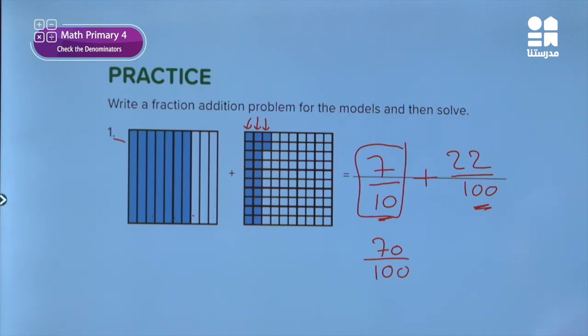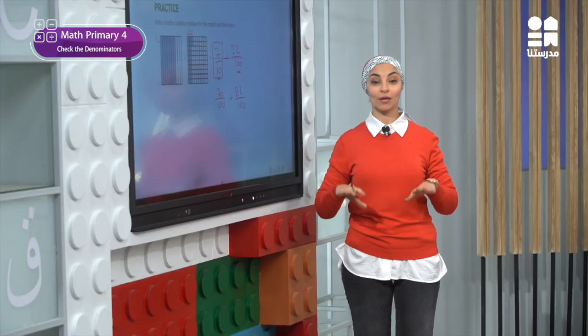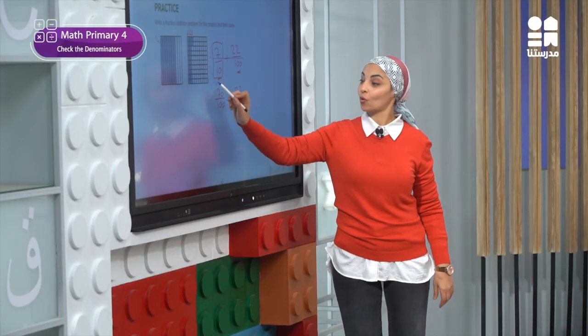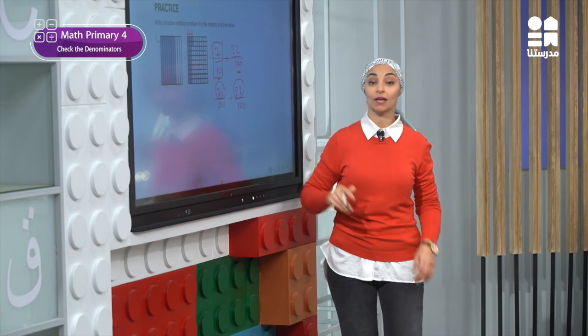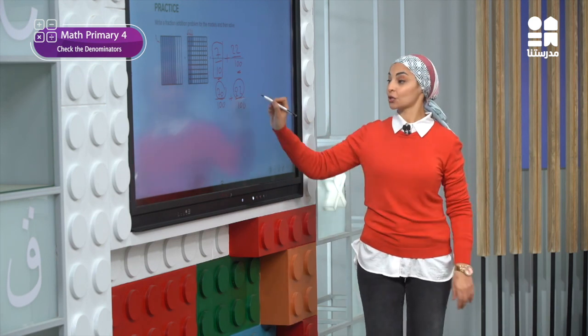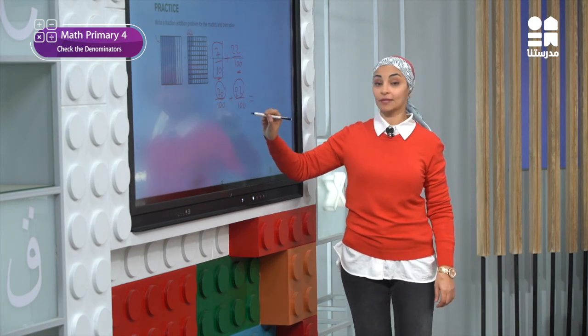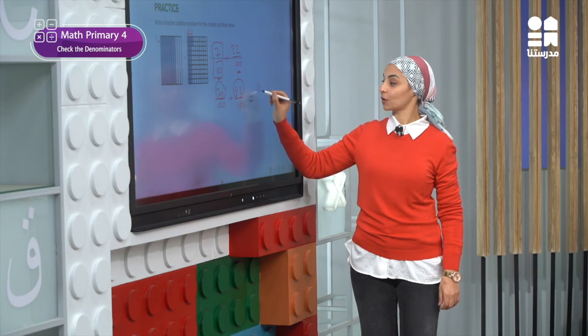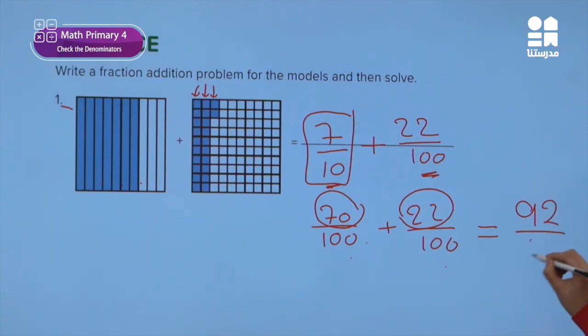They are equivalent to each other, right? So the problem will be 70 over 100 plus 22 over 100. Now we have the same denominators. So I will keep the denominator as it is, and all I will do is add the numerators only. So when I add these two fractions, the answer will be 92 over 100.